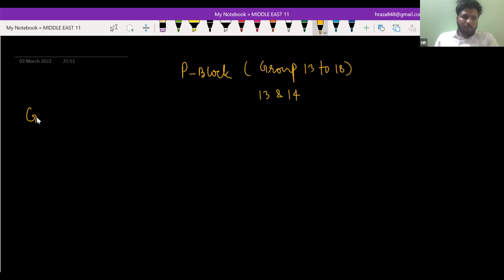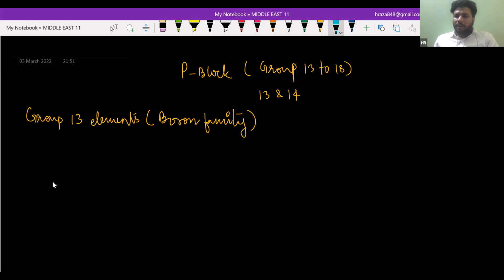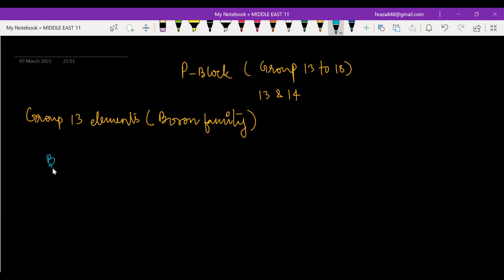First, I'm going to talk about group 13 elements, which is known as the boron family. I'm going to write the names of all the elements and how to calculate atomic numbers in a group. First, we know the atomic number of second period elements, yes or no?